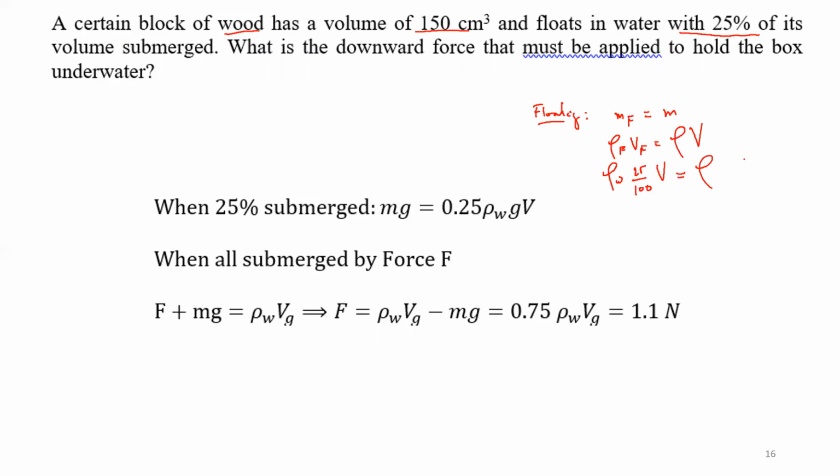Rho of the block of wood multiplied by V, which is the volume of the block of wood. Okay. So by this, you know that the density of this block of wood. Okay. So the density of the block of wood is 25% of the density of water.